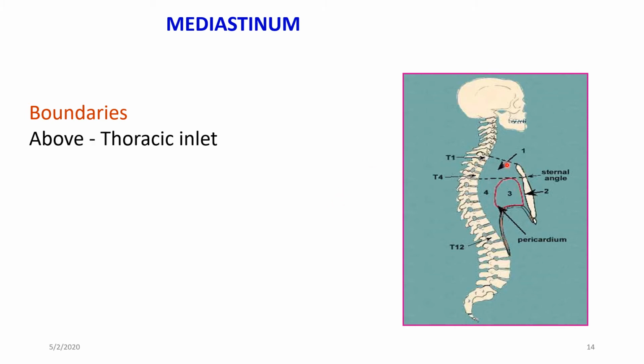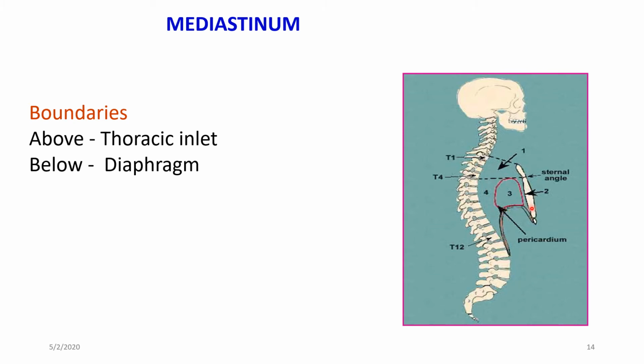So above, it is continuous with the thoracic inlet, where the manubrium articulates with the first rib, which will be articulating with the T1 vertebra. That is the superior thoracic inlet, and that will be the place where the mediastinal contents will be continuous with the neck. So the upper boundary is the thoracic inlet.